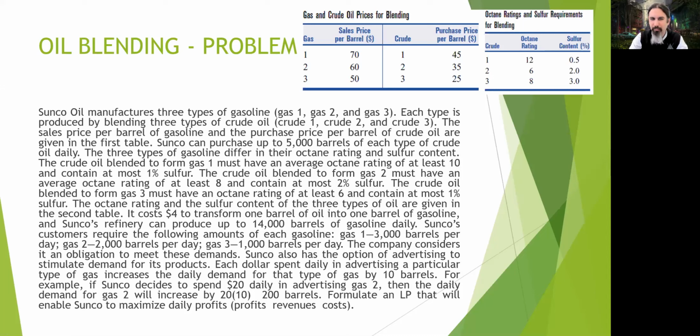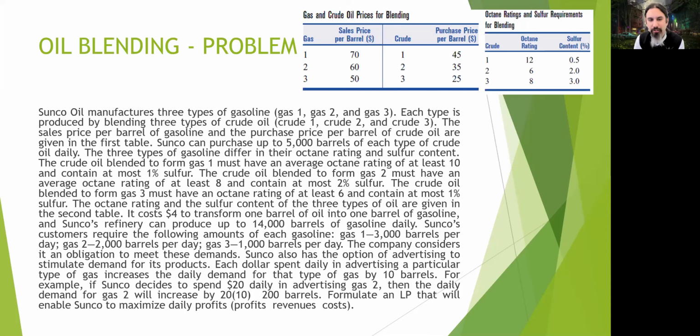So it should be the highest quality one, I think. We'll see. The crude oil blended to form gas 2 must have an average octane rating of at least 8 and contain at most 2% sulfur. Most sulfur, lower octane, so lower quality, I would say. Not really sure. The crude oil blended to form gas 3 must have an octane rating of at least 6 and contain at most 1% sulfur.